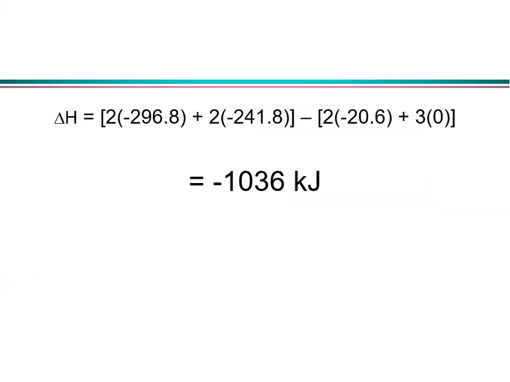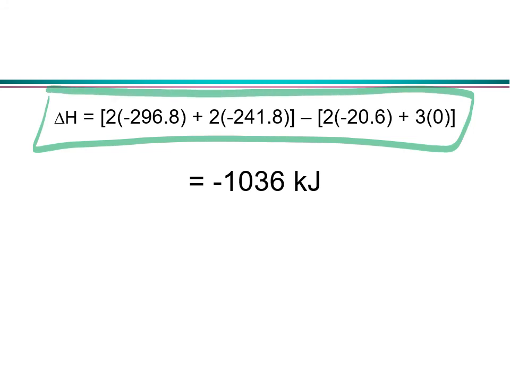So plug in the numbers, we get the same thing. It's the same process, but now we can do it in one step using the summation of heats of formation equation, which means from now on, as long as you have a table that shows you the heats of formation of species that you're dealing with, in one step, you can now find the delta H of any target reaction.